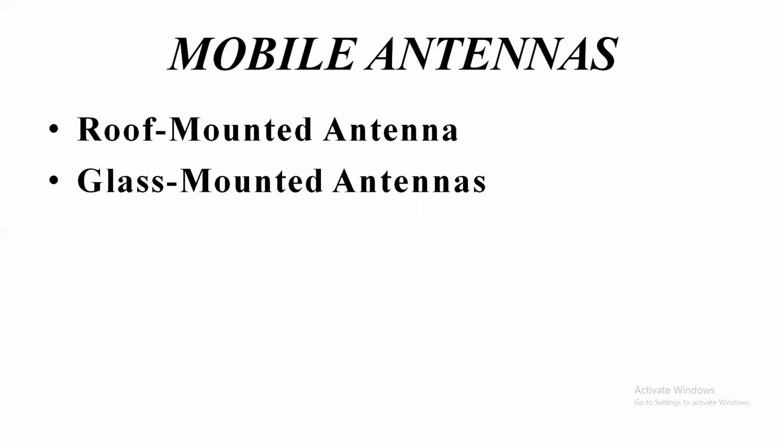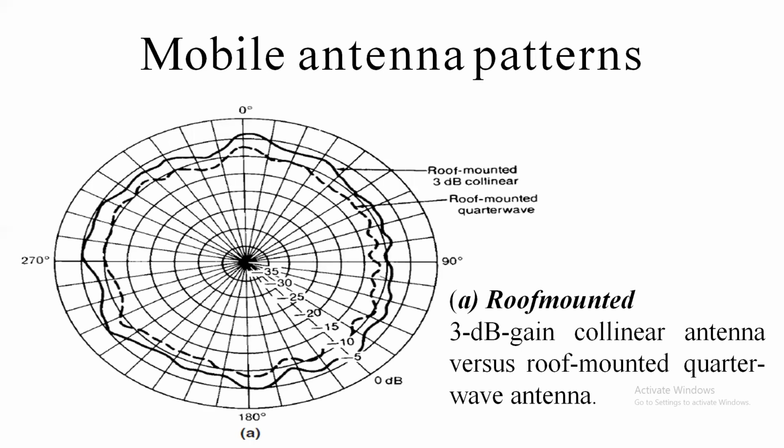Okay. Coming to roof mounted antennas, this is the antenna pattern of a roof mounted antenna, which is drawn using a polar plot. These roof mounted antennas are distributed uniformly around the mobile unit, right?